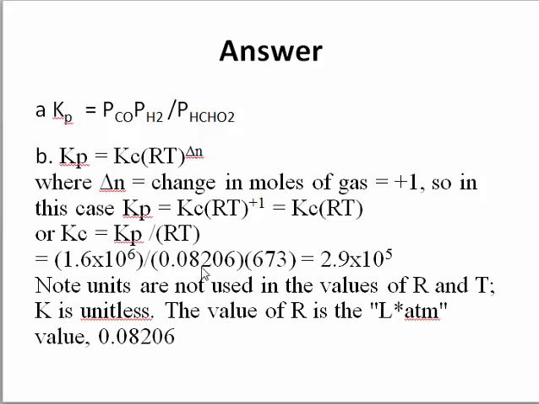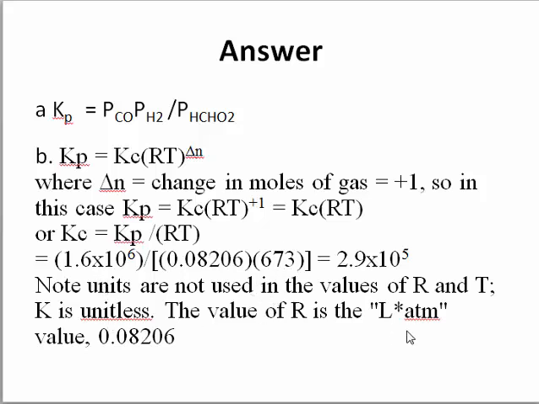1.6 times 10 to the 6 is divided by the gas constant, 0.08206, and by 400. The numerical answer here is 2.9 times 10 to the 5th. I've placed braces around the expression in the denominator to note that you are dividing 1.6 times 10 to the 6 by this and by this.